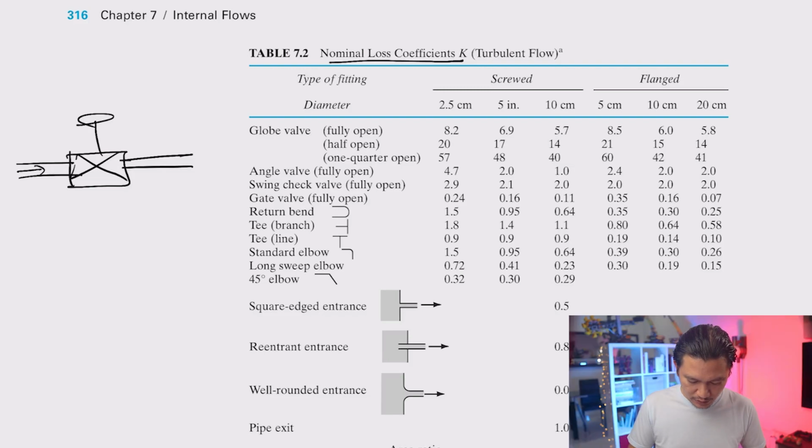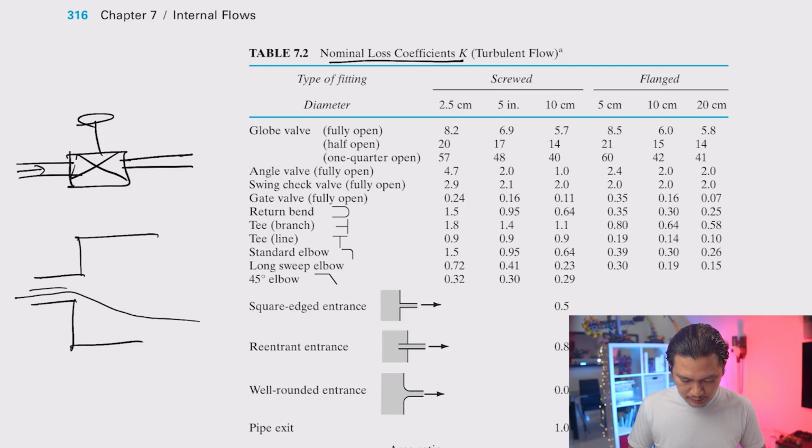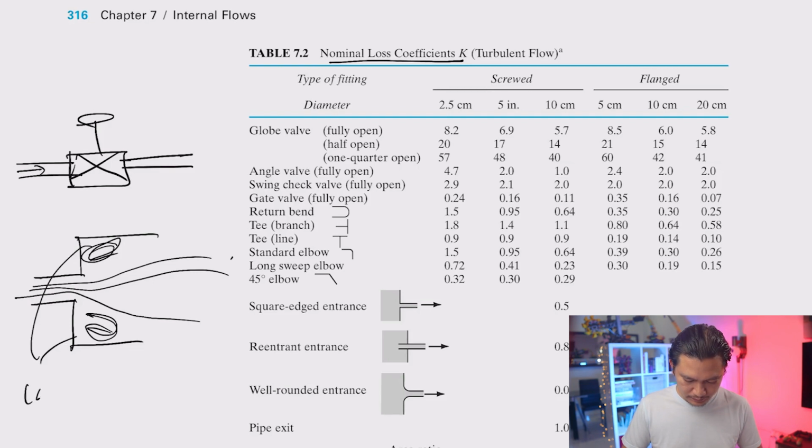For example, if you have a flow that goes through an entrance, something like this, you may have a flow that goes like that, and you may have some turbulent flow here, or you may have some vortex here. This is the source of losses. And these losses are represented as K.